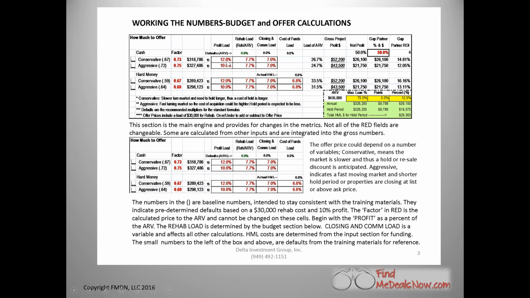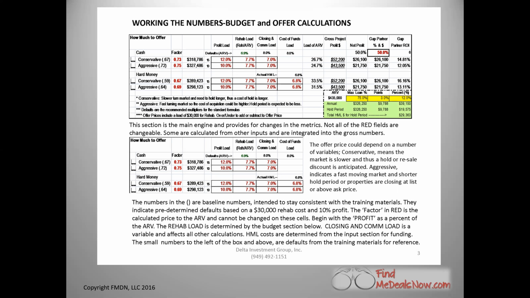And this is 12% on a conservative basis or an aggressive one. If I'm using hard money, private money, or bank money, I can put in what that section is. We'll tell you where that is calculated. And we're saying we want 12% if I have to hold it for a longer period of time than an aggressive one. The reason that we want to segregate those out is for time frame.